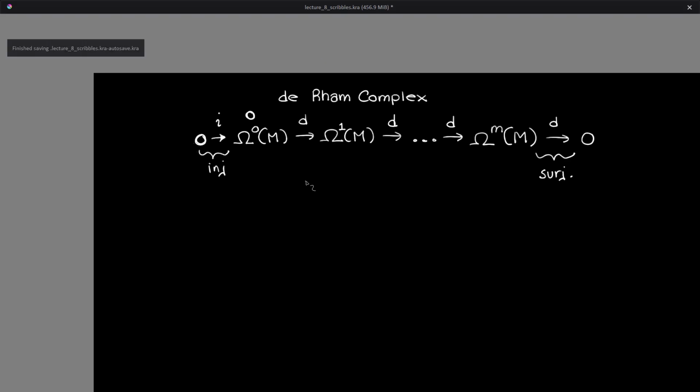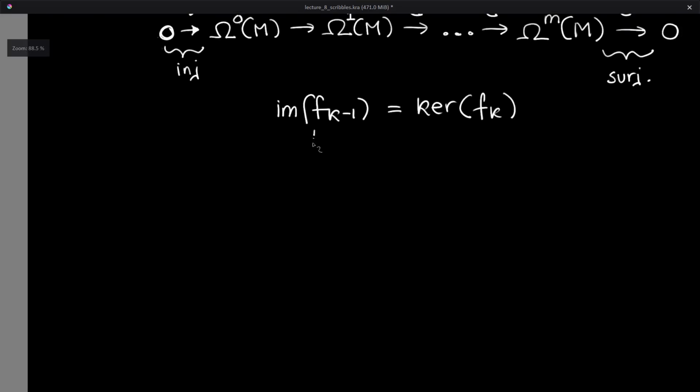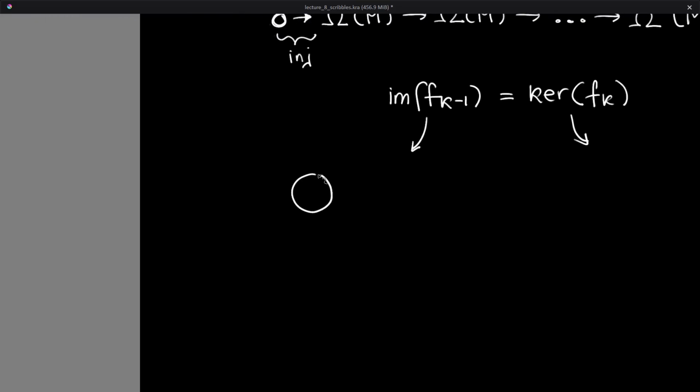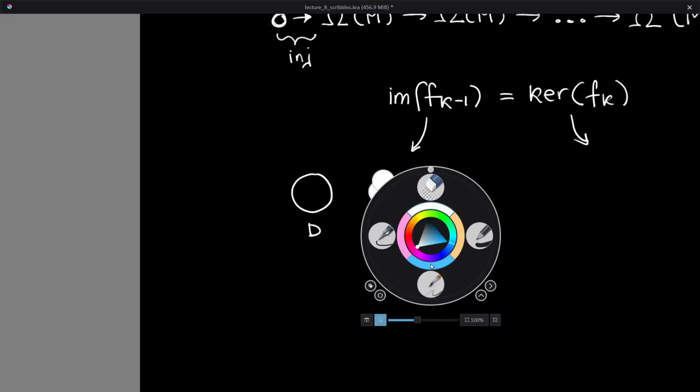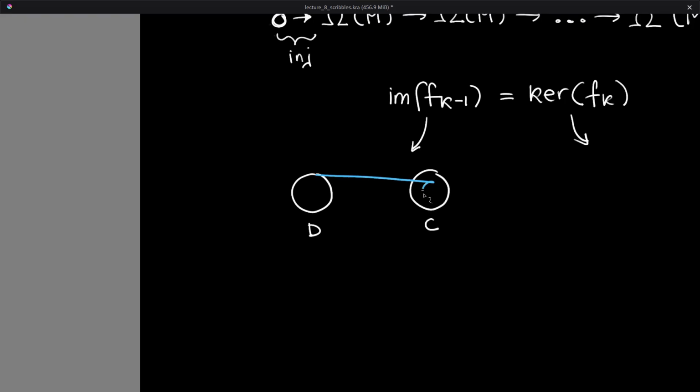The thing that makes this a bona fide complex is that the image of each of the maps f_{k-1} is contained in the kernel of the next map. What does this mean? Let's think about what an image is and what a kernel is. Let's say this is D, the domain, and this is C, the codomain. The image is exactly the subset of the codomain that is mapped by the entire domain.